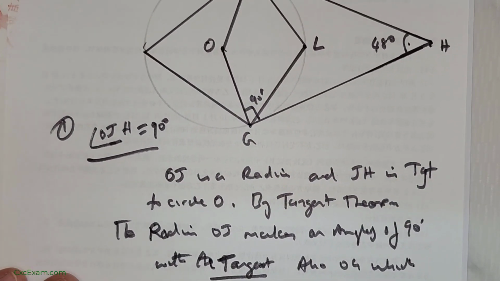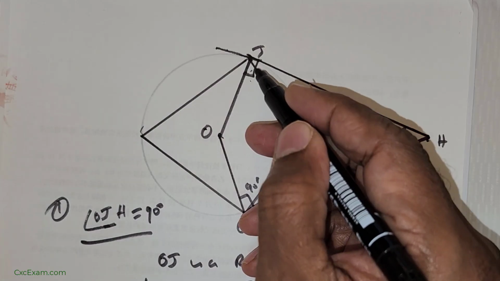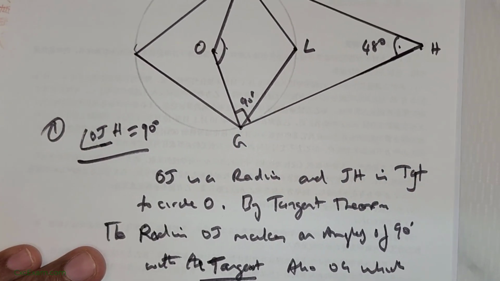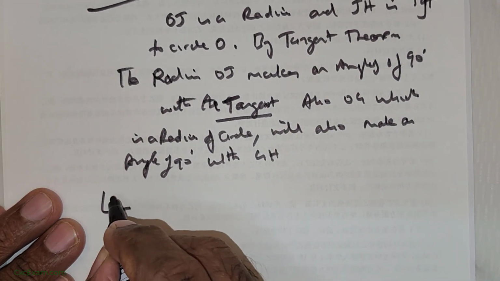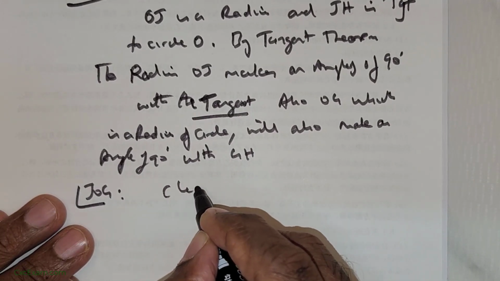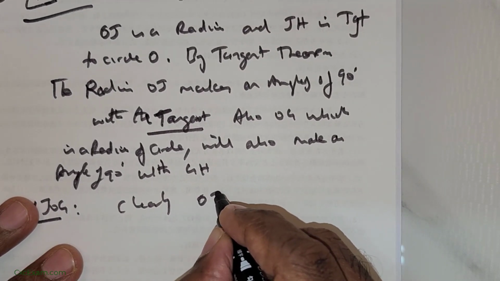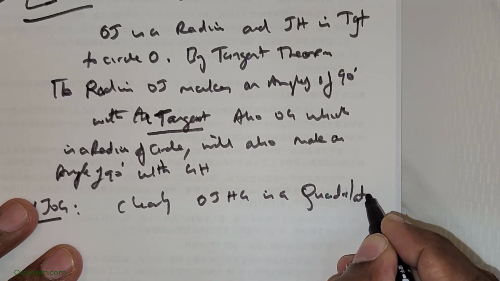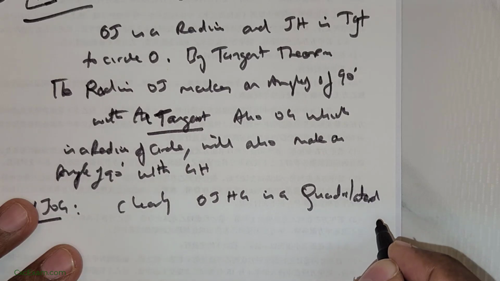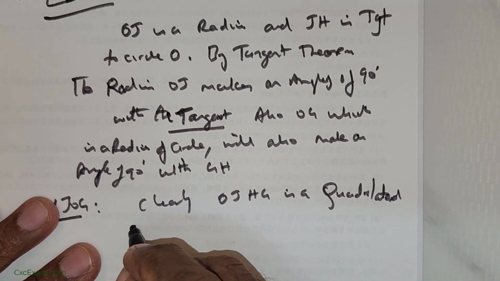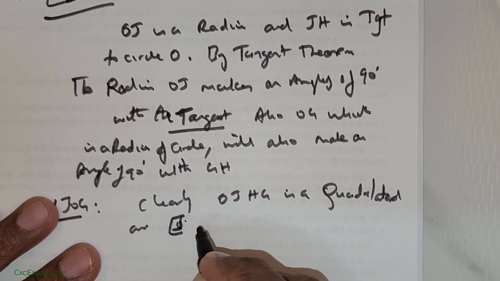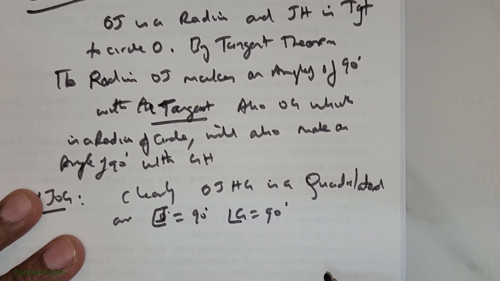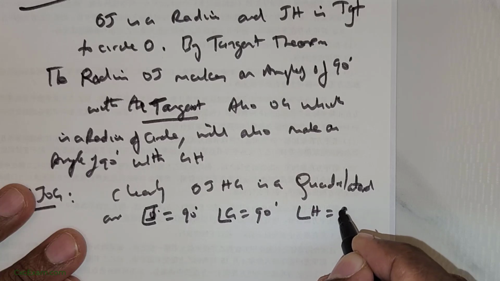Now the next question is they're asking what is the angle JOG. So they want this angle. Now clearly OJHG is a quadrilateral. The angle at J is 90, angle G is 90, angle H is 48.